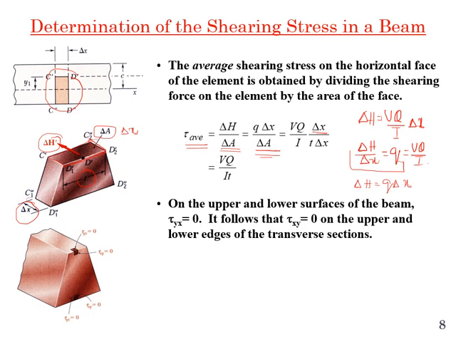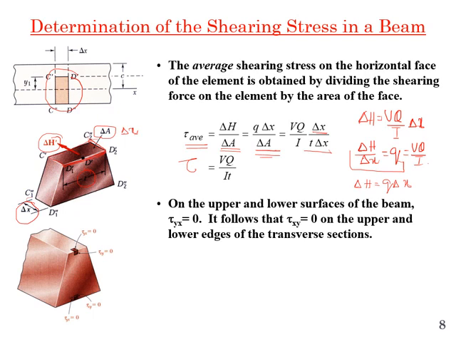So if I put the value of area, t into delta x, this delta x will cancel out, so the shear stress will be equal to V, the shear force, Q, the first moment of area for this shaded region, divided by I, the second moment of area, the moment of inertia for the whole cross section, divided by t, and t is this dimension.